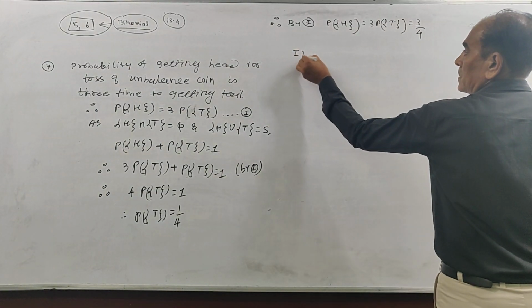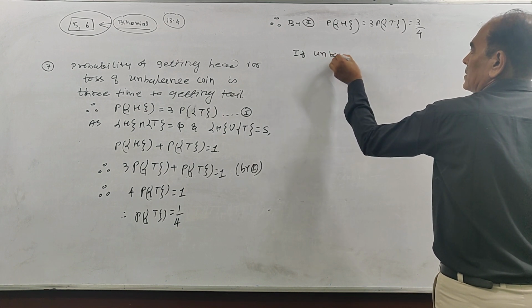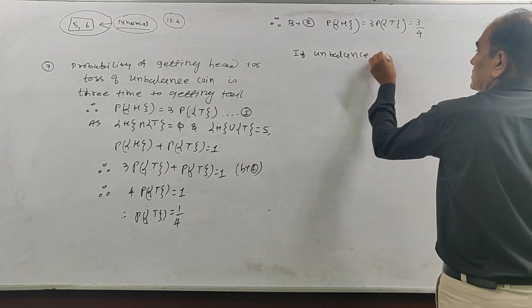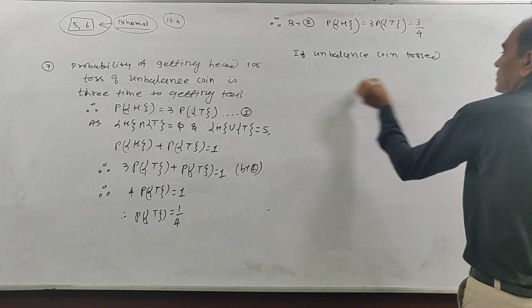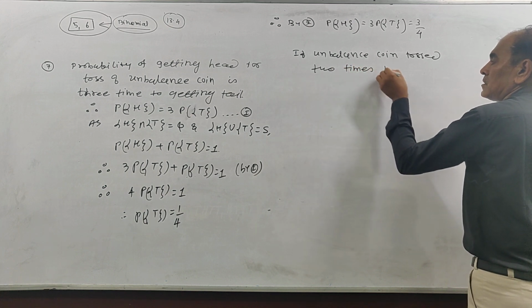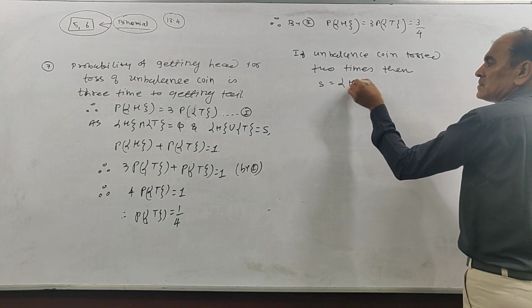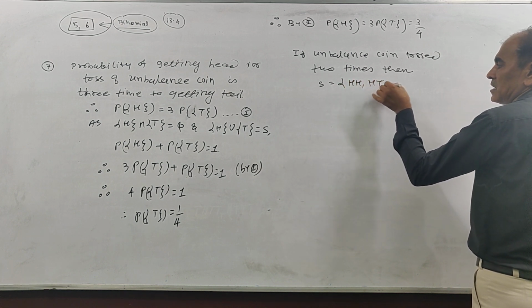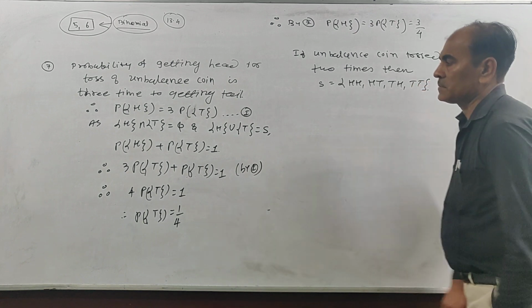If the unbalanced coin is tossed 2 times, then we know what the sample space is: HH, HT, TH, TT.